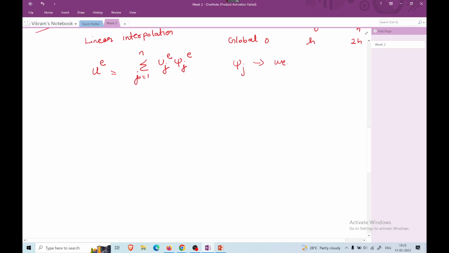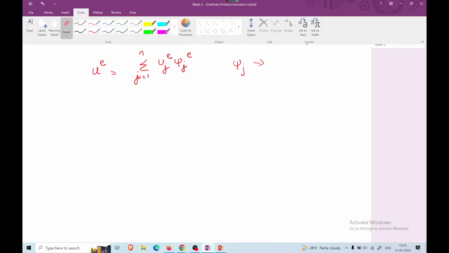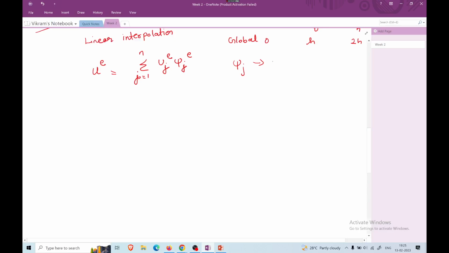Sorry, not weight function, psi j is the interpolation function. So in our case n is equal to 2, which means u is equal to summation j equal to 1 to 2 uj psi j e, which is nothing but u1 psi 1 plus u2 psi 2.